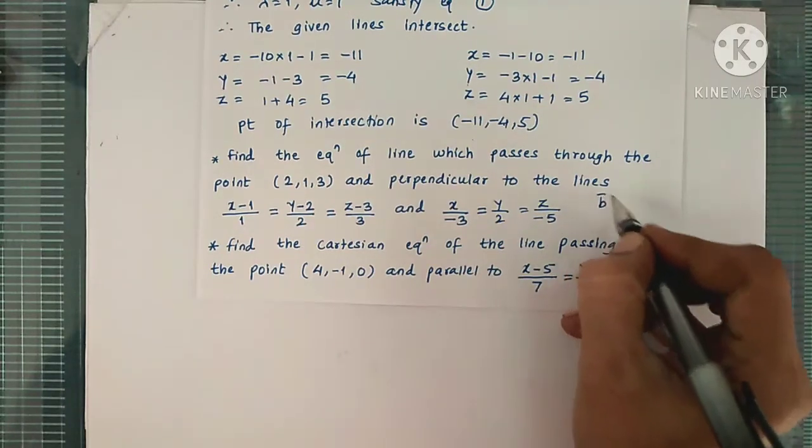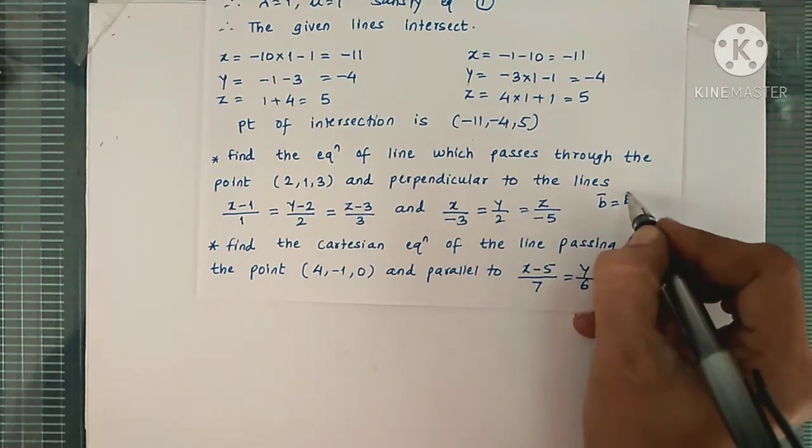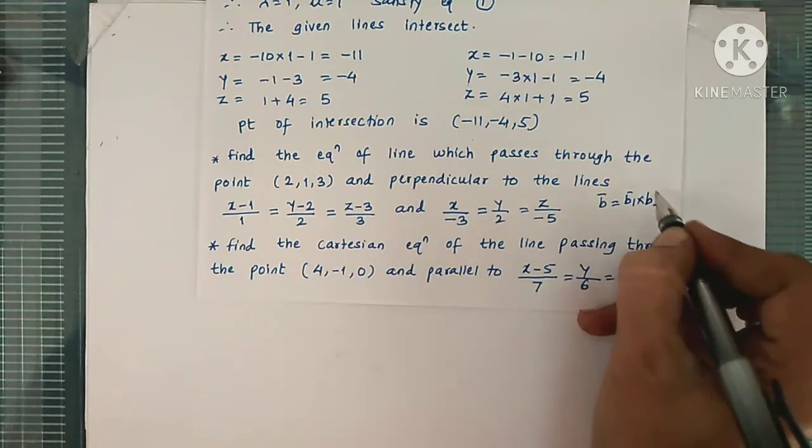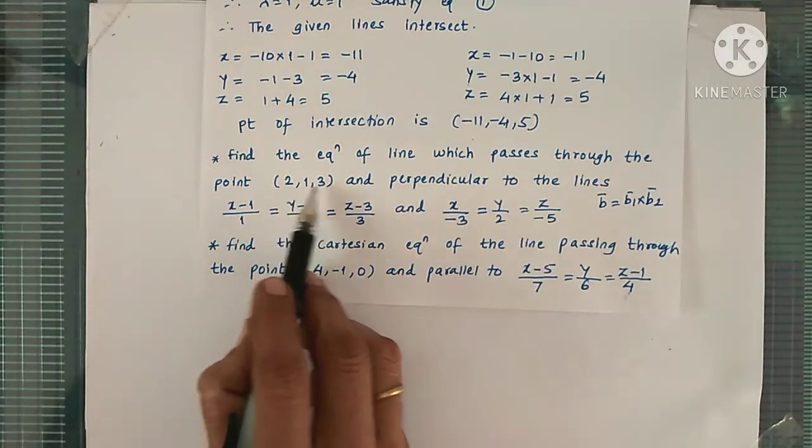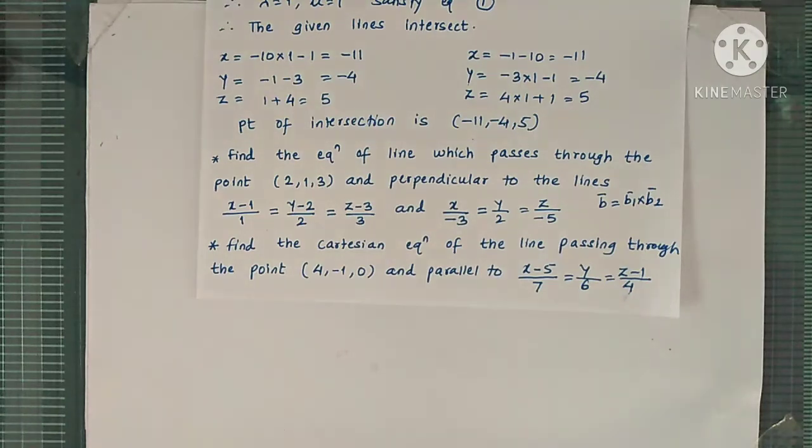And b bar is perpendicular to both b1 bar and b2 bar. So b bar is b1 bar cross b2 bar. And point A is given, so this is a bar. So the vector equation is r bar equals a bar plus lambda b bar. So first find this b bar and substitute a bar and b bar in the equation.